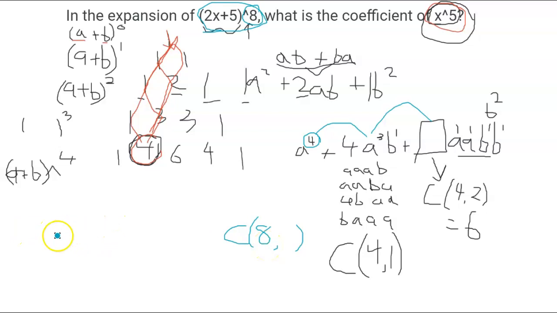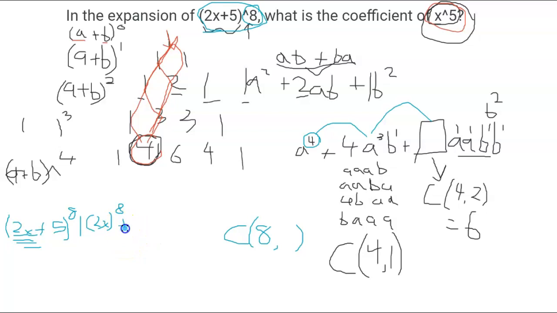Well, let's start writing it out, right? You've got the 2x plus the 5 to the 8th power, right? Your first term, the one that goes left 8 times, that goes 2x 8 times, well, that's going to be 2x to the 8th power with a coefficient of 1. There's only one way to pick 2x all the time, to fall to the 2x direction all the time.